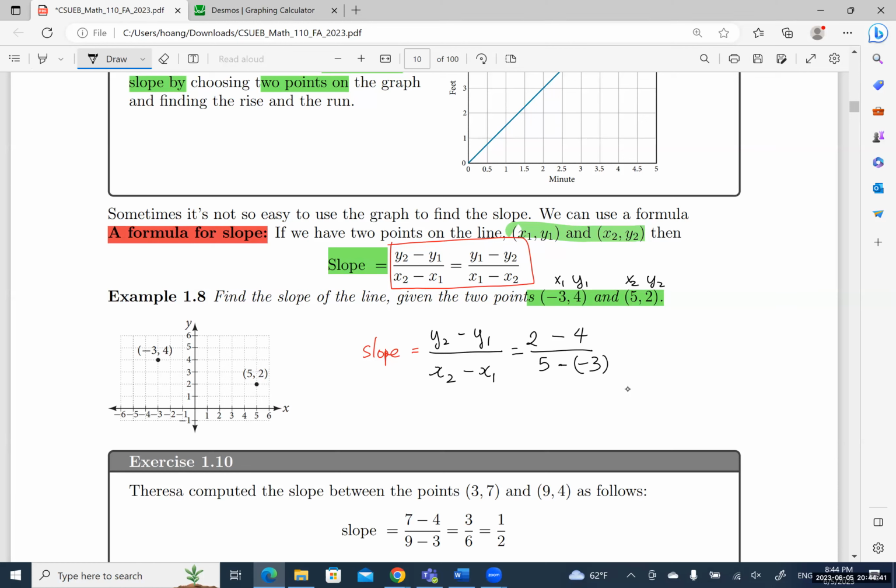So then I'm supposed to have 5 minus -3 at the bottom. Let's simplify. Top must be -2. Bottom must be 5 plus 3. And so then I have -2 over 8. That means -1/4.